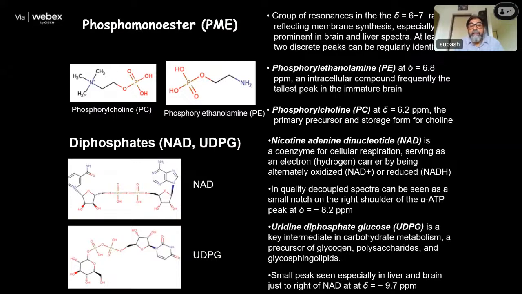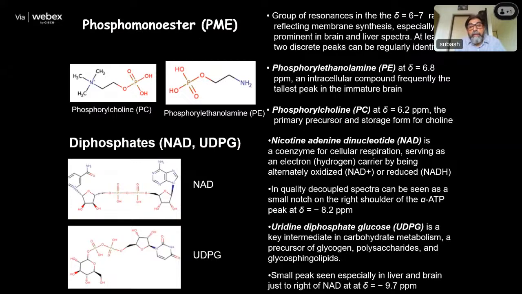Then there are nicotinamide adenine dinucleotide, NAD, and UDPG. These are again peaks which fall in between, almost as a shoulder to alpha ATP, and UDPG shows a small peak in liver just right of NAD at minus 9.7 ppm.